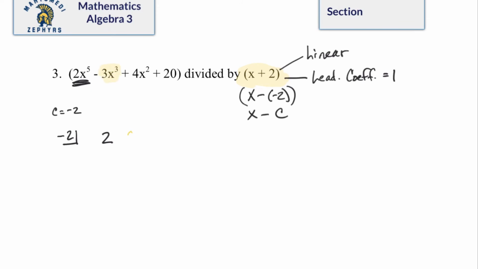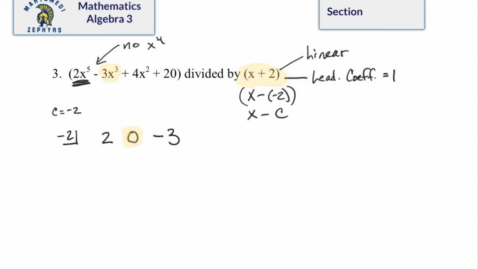Nope. Got to be careful because we're missing, in standard form, there would be a fourth power. There should be something with x to the fourth, so we need a placeholder. If you are missing a degree, you put a 0 in. So I have a 0 in as a placeholder.